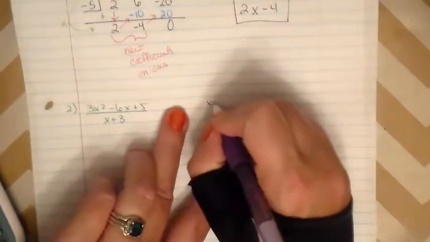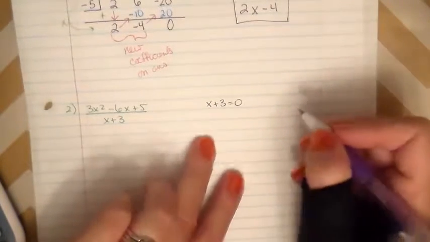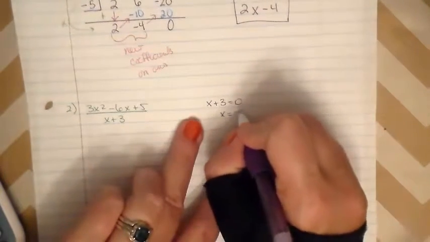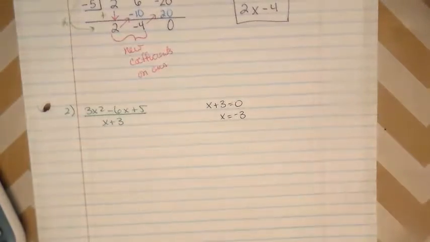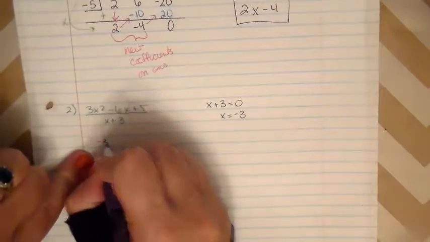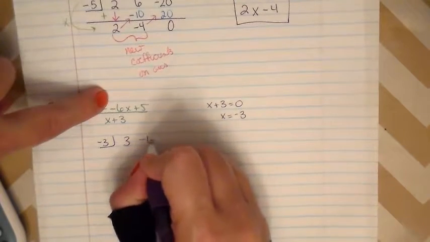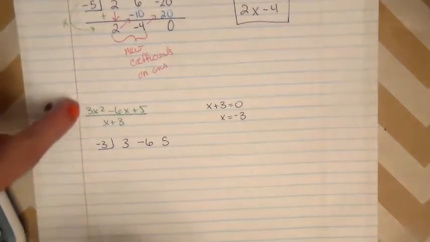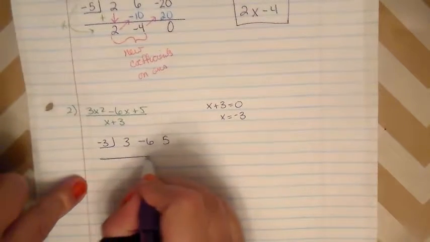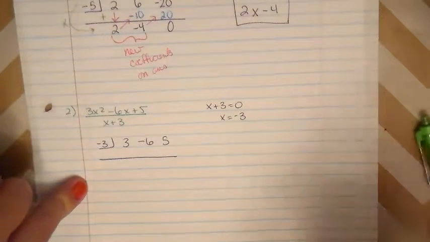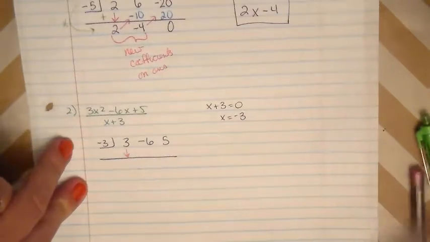I'm going to take my denominator and set it equal to 0. So x is equal to negative 3, which I write in a box. Then I have my coefficients. So 3, negative 6, and 5, and I draw my line. Bring down my 3.